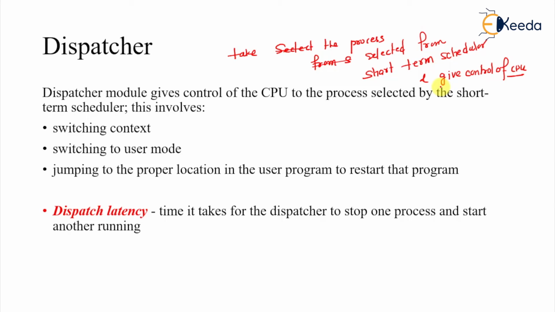So this is more related to giving the control of the CPU. The dispatcher module gives the control of the CPU to the process selected by the short-term scheduler. So now control of the process will be given by your dispatcher.